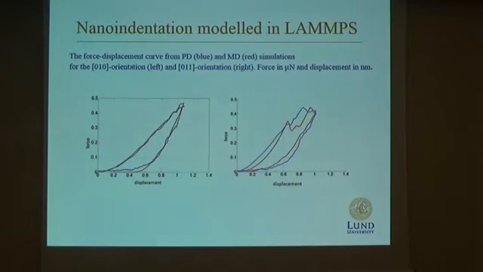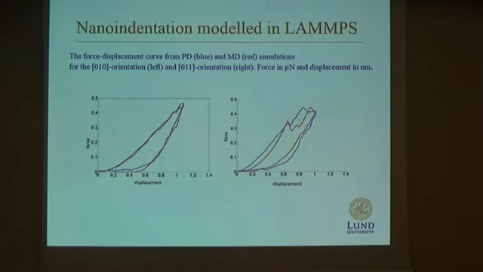The typical result that we want to reproduce from the nanoindentation test is the force-displacement curve. What we see here are force-displacement curves for the 2 orientations: 0, 1, 0 is this one here, and here we have the second orientation, 0, 1, 1.